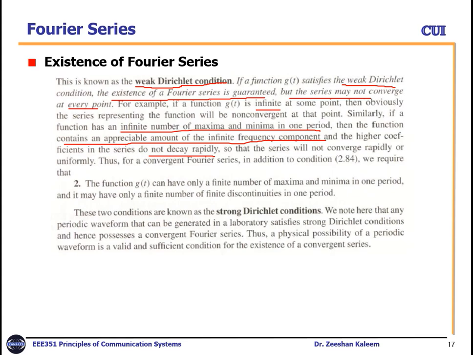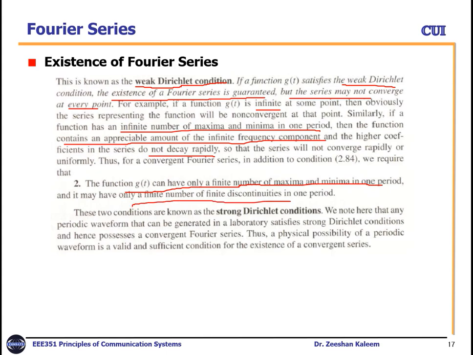The other condition is that the function g(t) can have only a finite number of maxima and minima in one period. If this condition is satisfied, then it may have only a finite number of finite discontinuities in one period.